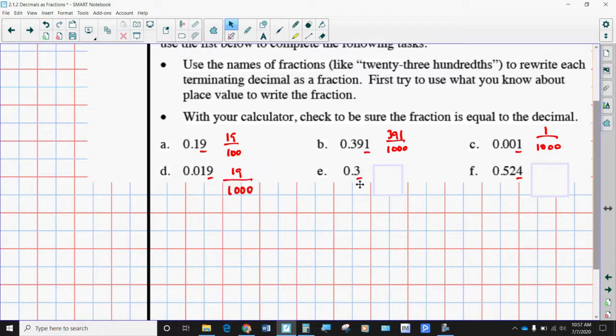This is a 3 in the 10th place, so this fraction is going to be 3/10. And 524 with a 4 in the thousandths place is 524 thousandths. Okay, so pretty simple process converting any decimal number into a fraction. The only place where we would have an issue would be like 524 thousandths, having to simplify that fraction. Every one of these others, A through E, is in simplest form.